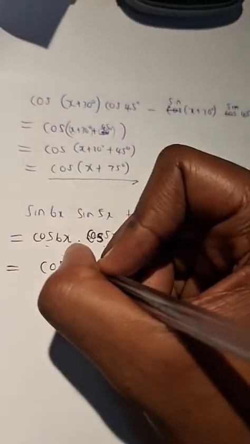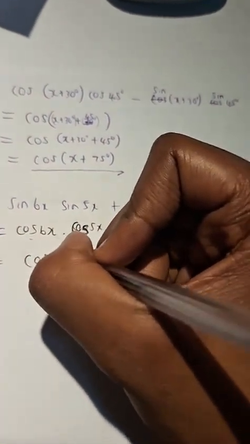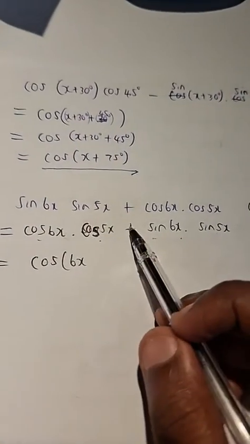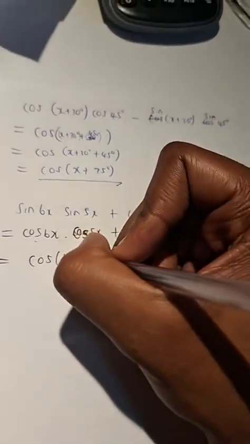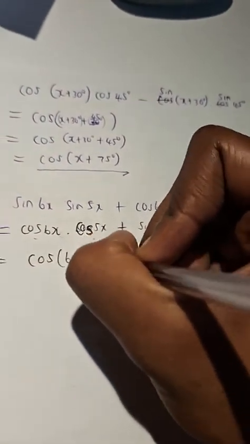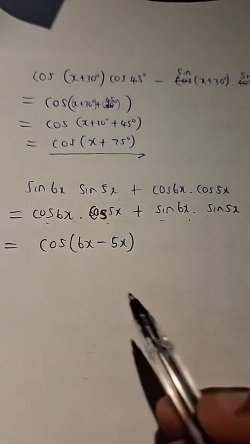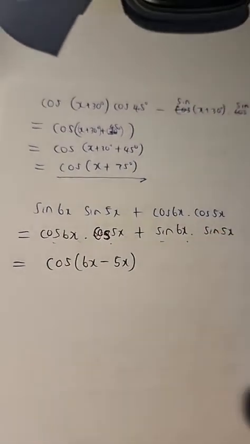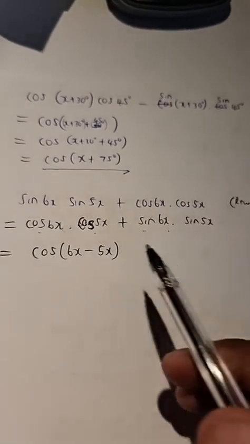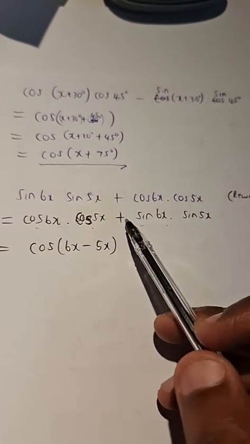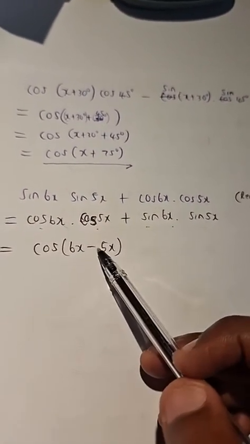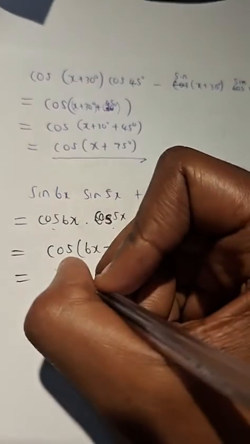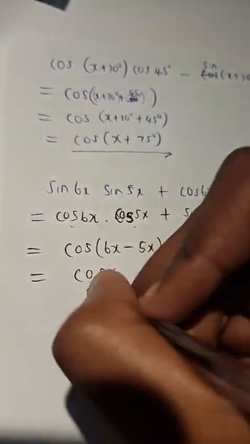Then inside the bracket, what do I have? 6x. And remember, if there's a plus here, C stands for change in the sign, so that means 6x minus 5x. You can look at the template of the expanded form of the compound angle, and you're going to see that if there's a plus, then inside the bracket there's a minus. What's 6x minus 5x? The like terms give us cos x.